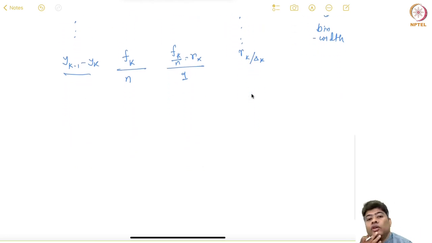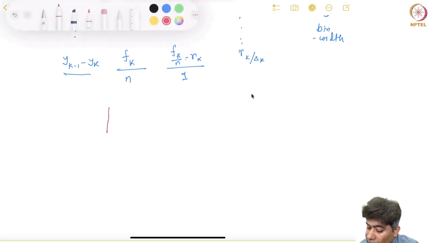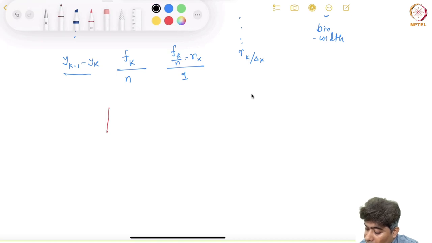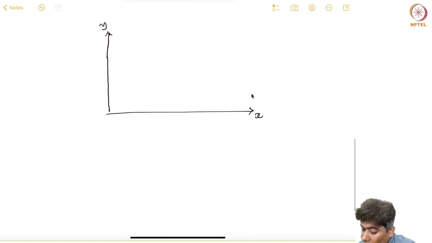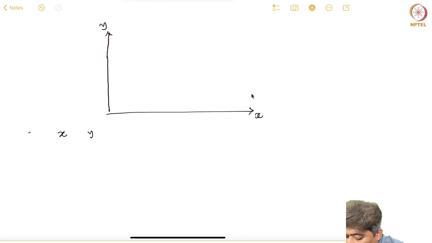Now this is for the univariate case. What happens if I have two continuous variables, say x and y? We plot x on the x-axis and y on the y-axis. How will the data look? We have x and y, and maybe some id variable, 1, 2, 3 up to n.